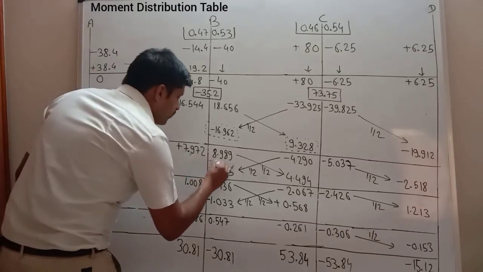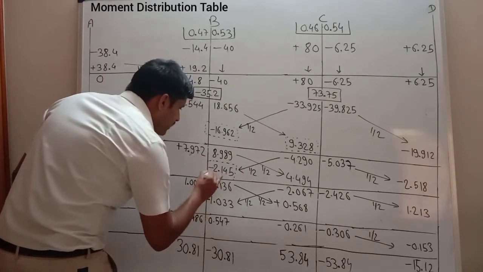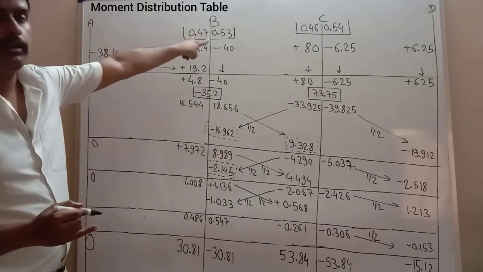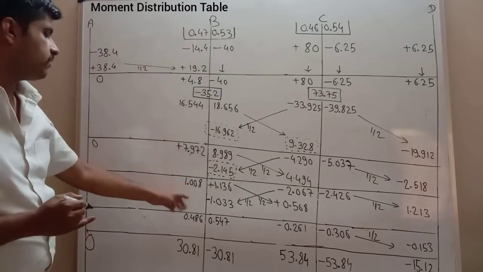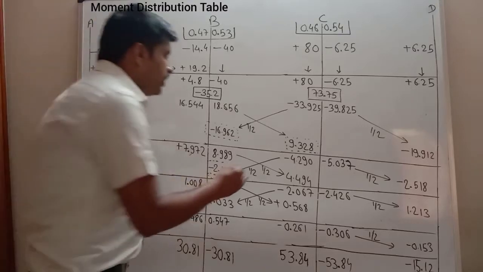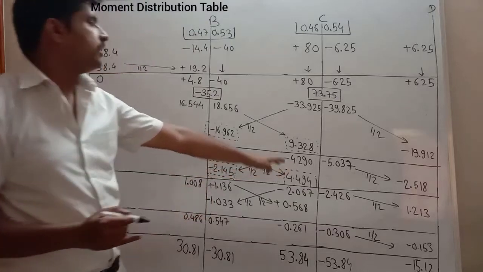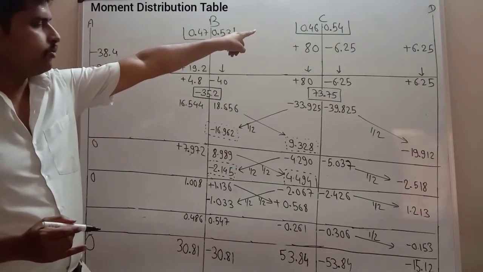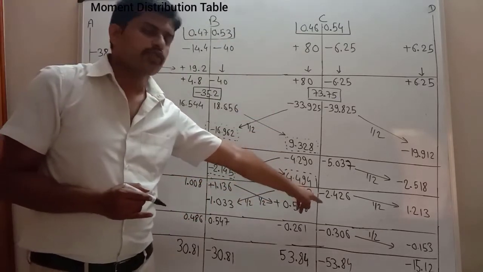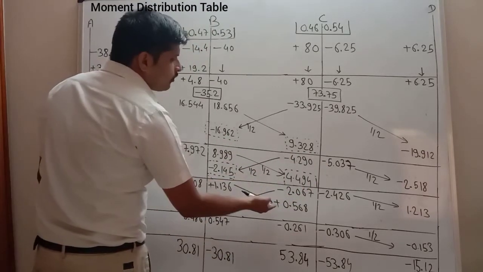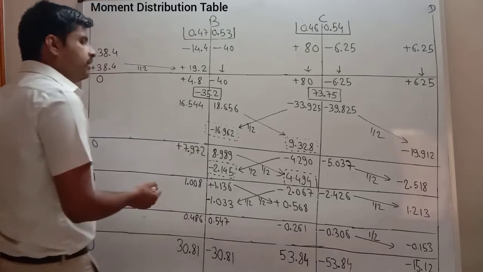Now this value will act as our box value, so multiply this value with the distribution factors. We will get these two values. Again this value will act as a box value, multiply it with the distribution factors, and we will get these two values. Again follow the same procedure and transfer half of the moments.